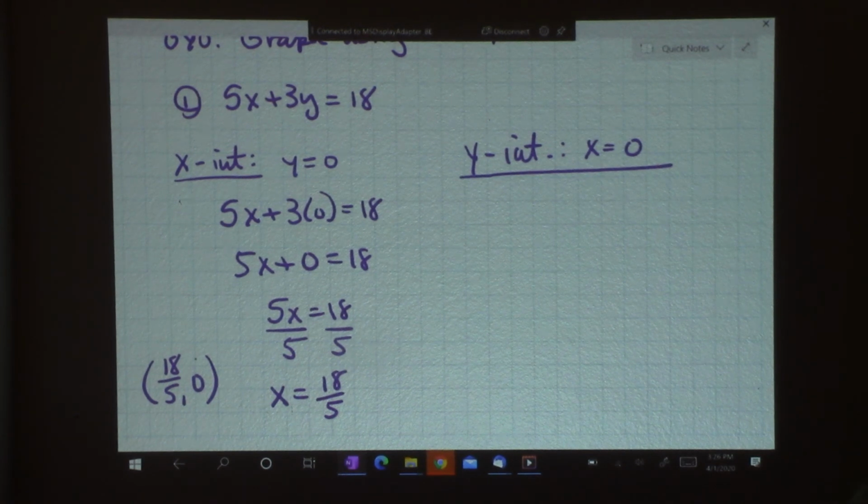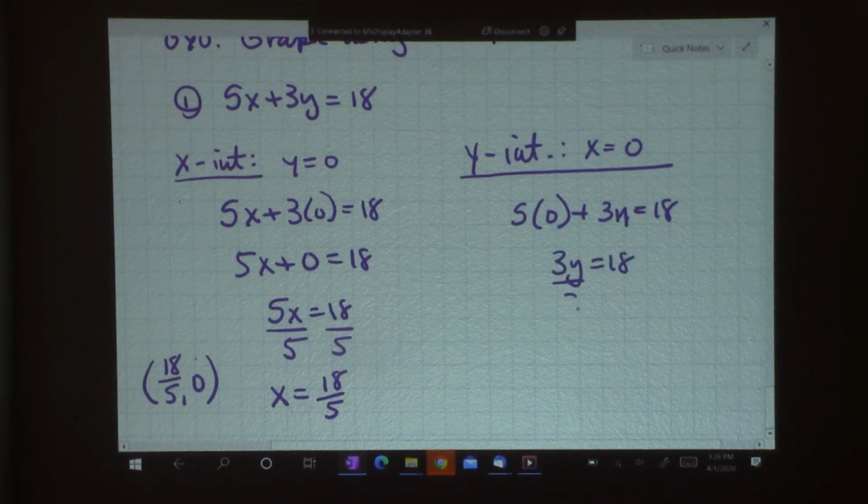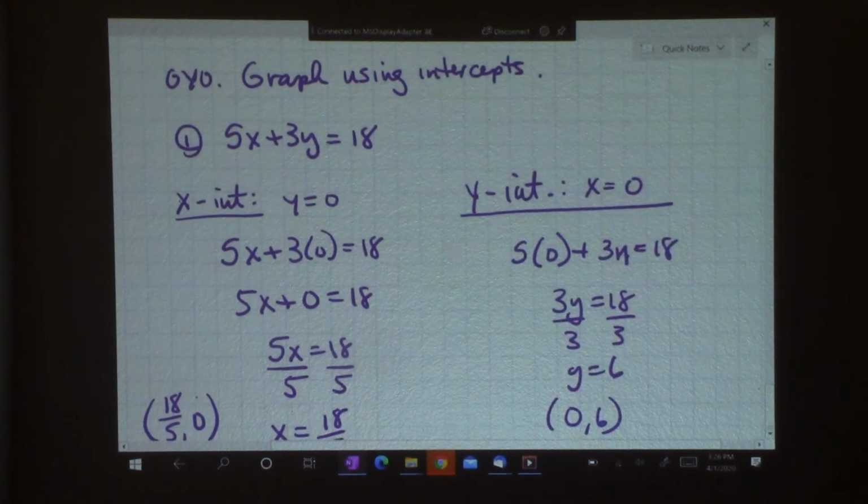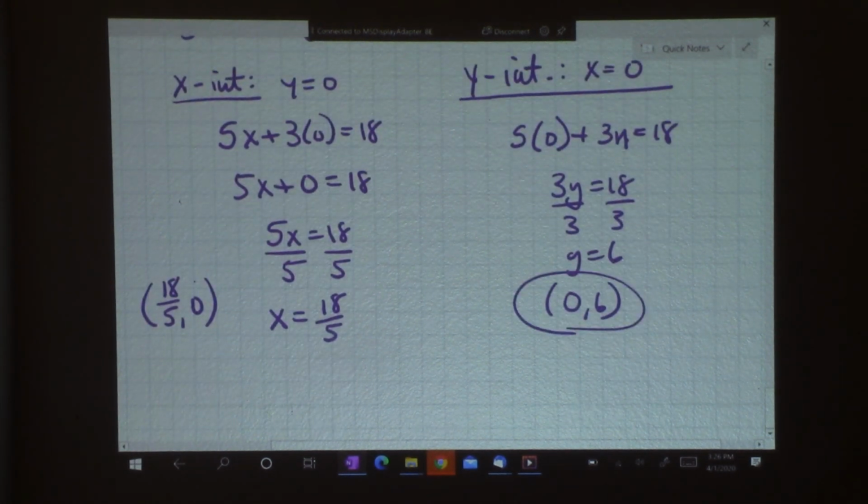So I want you to be able to work with the equation either way. So now I'm going to put 0 in for x. And that becomes 0, so I have 3y equals 18, and y is 6. And there is our y-intercept.